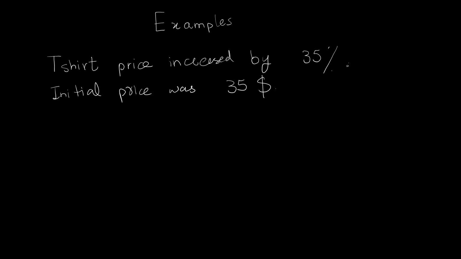So what do we do? Since the price has been increased by 35%, we'll multiply the initial price with 1.35. Now, if you don't know how to solve it and you don't have a calculator, no worries. Simply convert it into a fraction, that is 135 over 100, right?